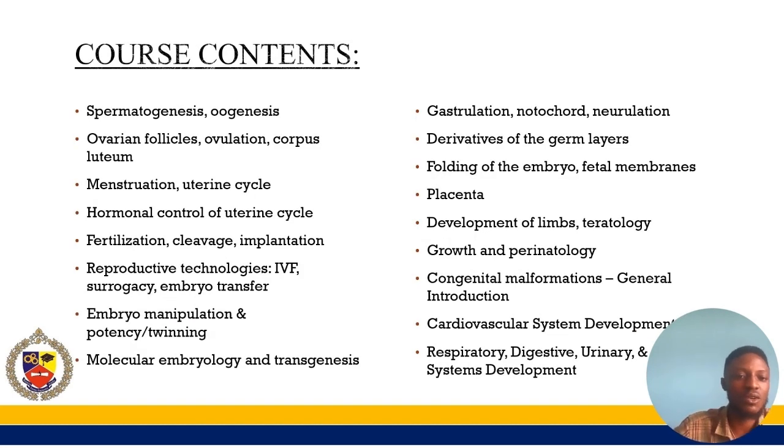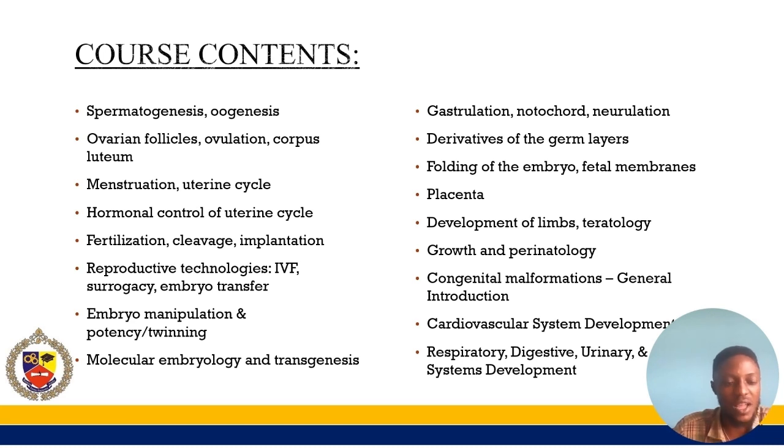We'll be looking at the course contents first, which are spermatogenesis, oogenesis, ovarian follicles, ovulation, corpus luteum, menstruation, uterine cycle, hormonal control of uterine cycle, fertilization, cleavage and implantation, reproductive technologies, acronym which is IVF, surrogacy, embryo transfer. We also have the embryo manipulation and potency.